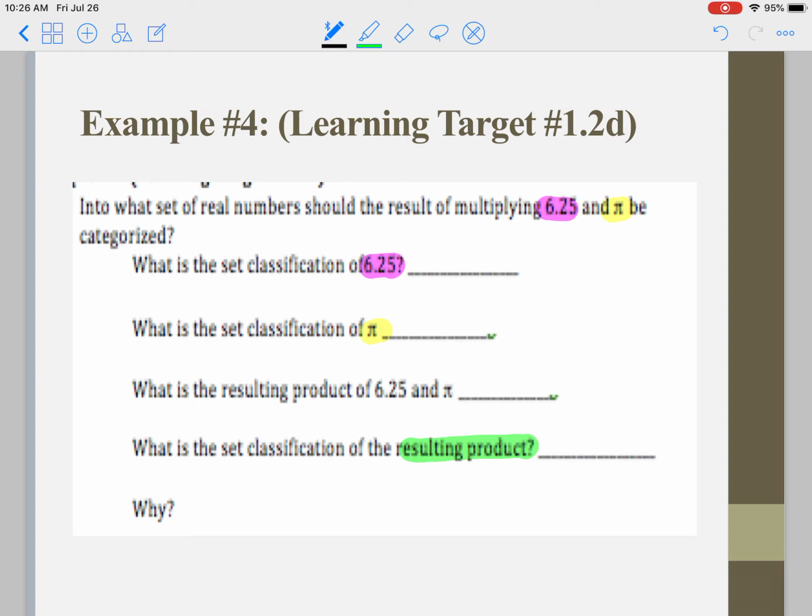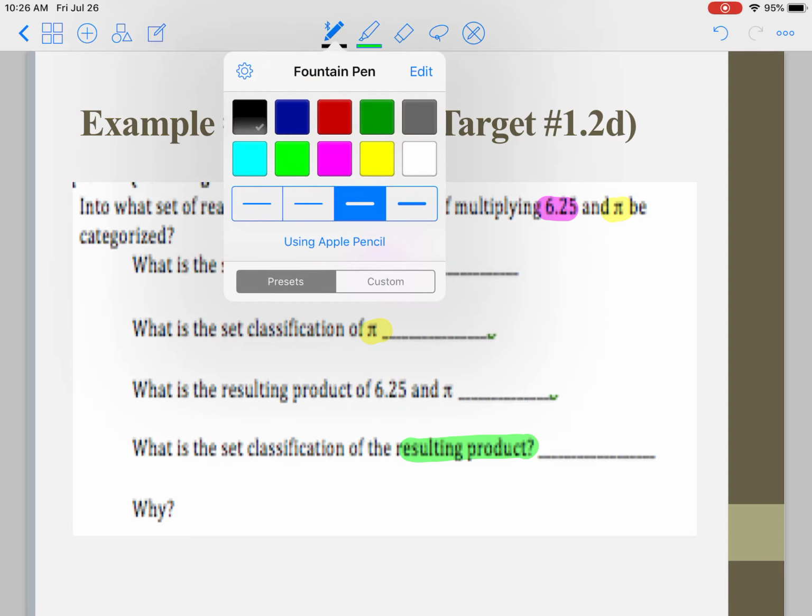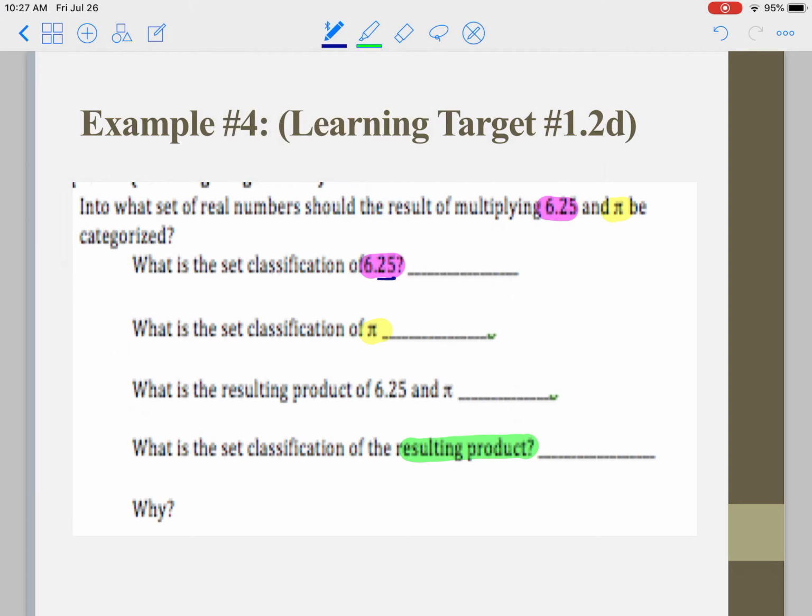Looking at 6.25, we can quickly conclude that the 0.25 terminates. The decimal does not continue. It stops at the 5. And because it is a terminating decimal, we can conclude that 6.25 is a rational number.